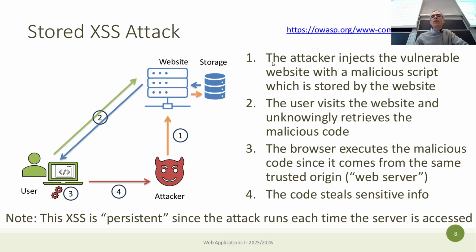So there is a first phase, number 1. The attacker injects into the vulnerable website something malicious, like a malicious script, which is stored by the website. Like you are on Facebook or Instagram, whatever you want.